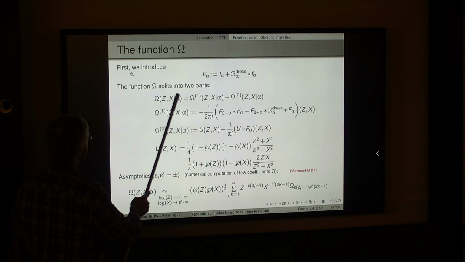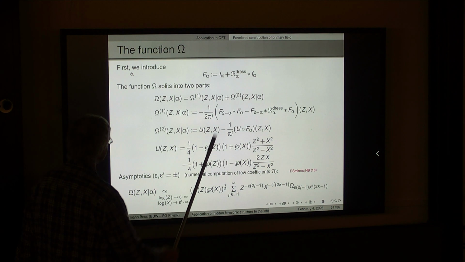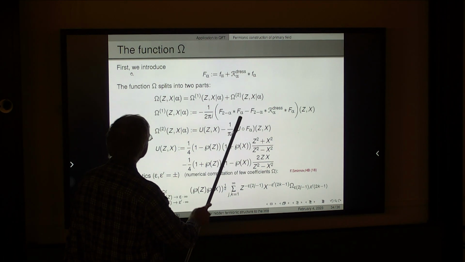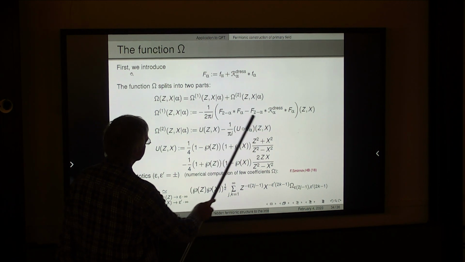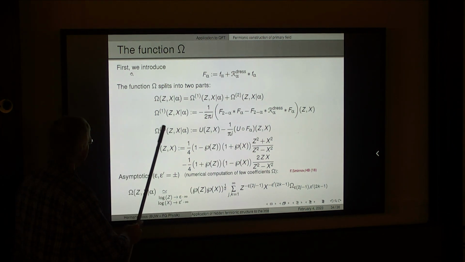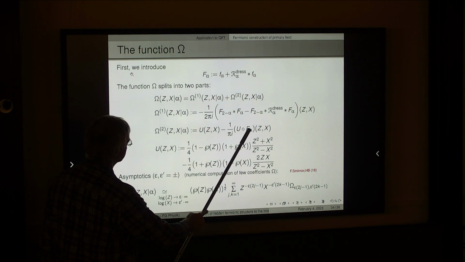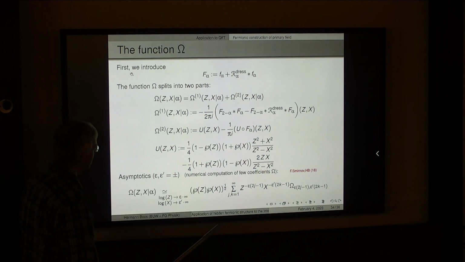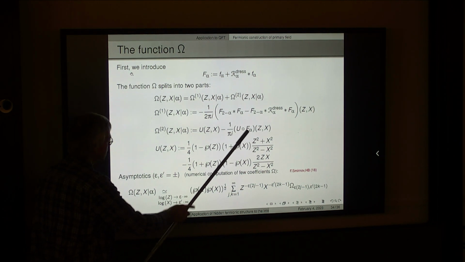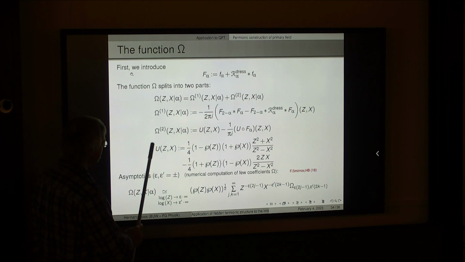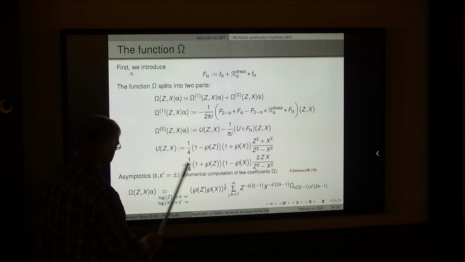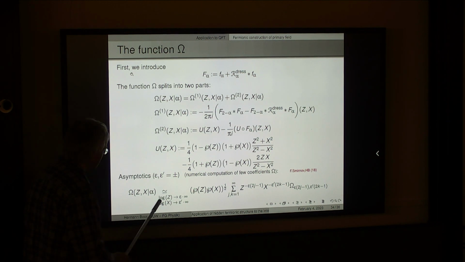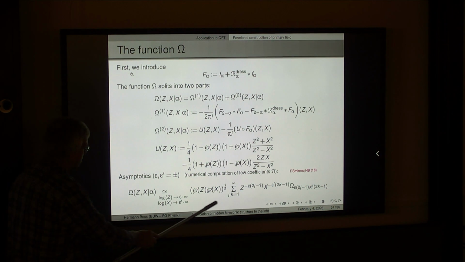The function omega splits into 2 parts, omega 1 and omega 2, where omega 1 is expressed in terms of this f alpha, as you see here, and omega 2 is expressed in terms of u and this first convolution with f alpha, and u is some explicit function. U is given here. And the asymptotic for omega looks as follows.